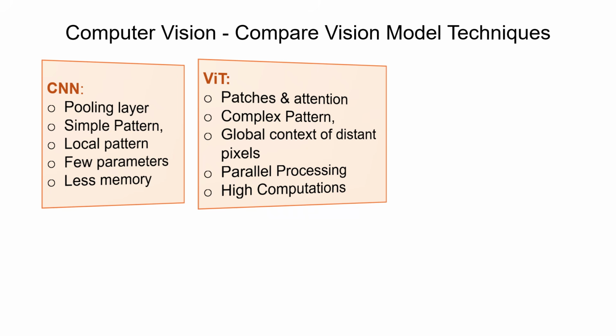ViTs, vision transformers, divide the image into patches and then process using positional encoding and attention mechanism. We already saw this in the previous slide. ViTs are suitable for understanding global context of distant pixels within an image. Transformers do parallel processing, so they are fast, but they are computationally expensive.